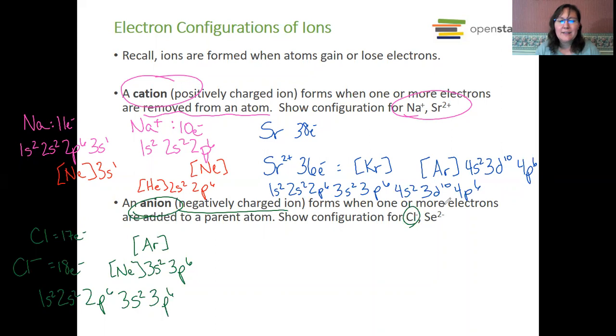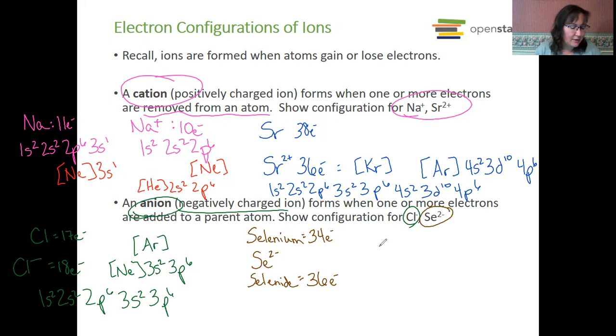All right, now here we have selenium. Selenium has 34 electrons. But Se2 minus, that's selenide, if you remember. Selenide has gained 2, so selenide has 36 electrons. So with those 36 electrons, it now looks just like krypton.